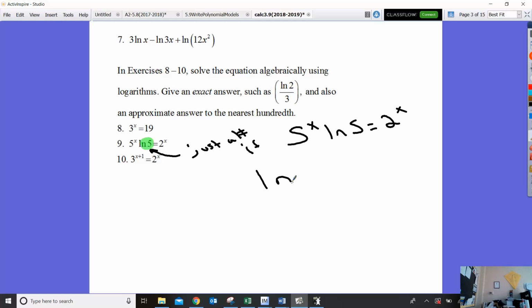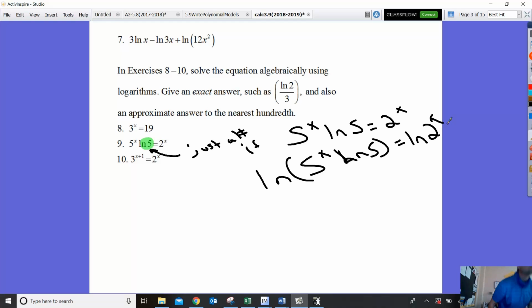No, I don't like what I'm trying to do here. I don't like it because this would be what I'm trying to do. You can't carry that x out front. So apparently I'm having a bit of a brain fart.